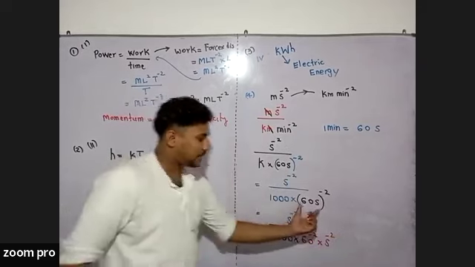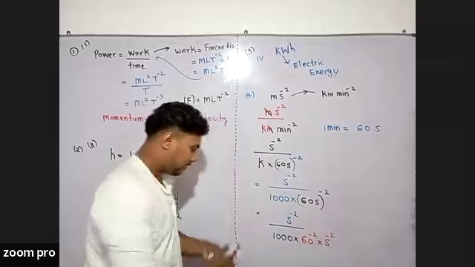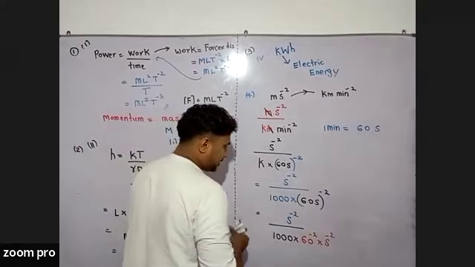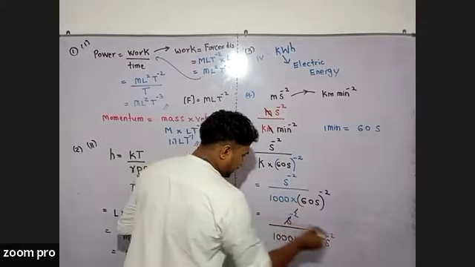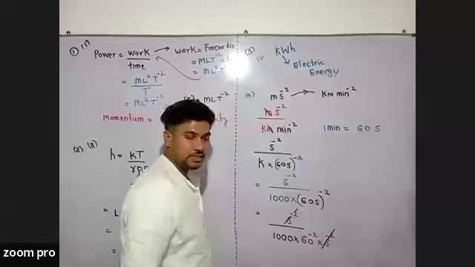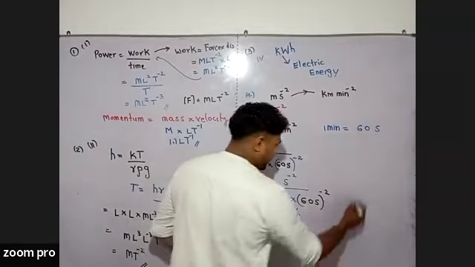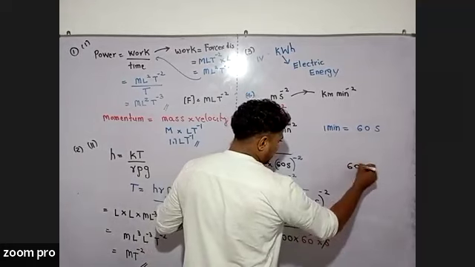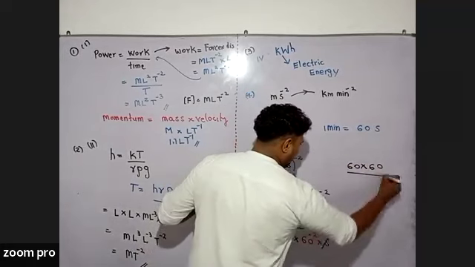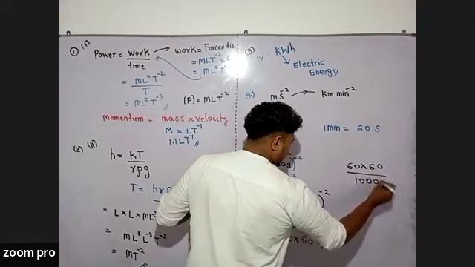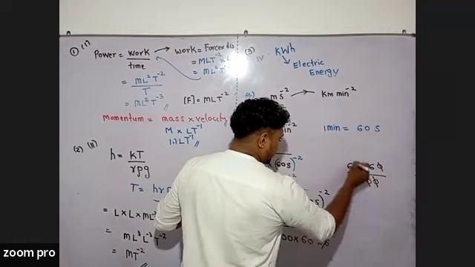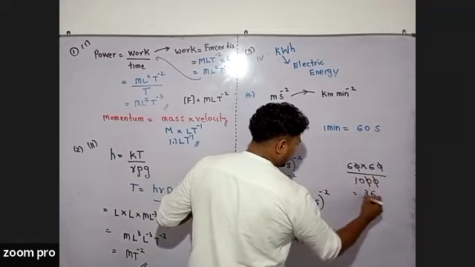If I expand this bracket, this is the obtained value. Then we can cancel these two easily, and in order to convert this negative power into positive, let's bring this value into the numerator position. Then it should be 60 into 60 over 1000. So if I further simplify it, 36 over 10.